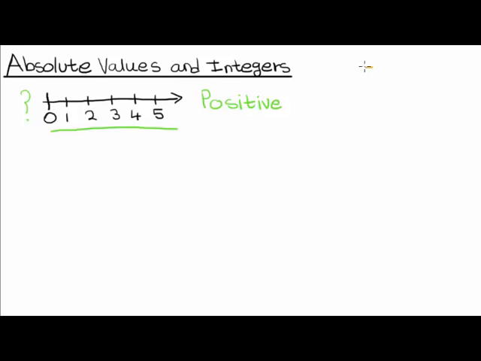And then you read this portion over here as the negative. Okay? So if I want to say negative 1, I write it as -1. And so on and so on. If I want to say negative 55, I'll just write down a little negative over here, and then I'll write the 55.